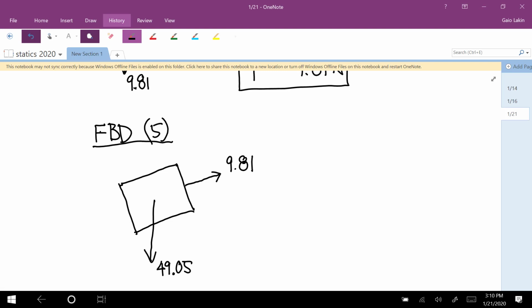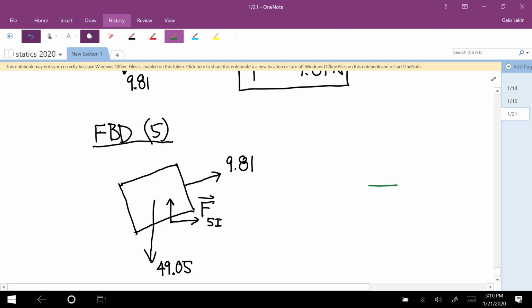And then we have, since this is a friction contact, an unknown force vector. I'll call that force on the 5 by the incline. So these two are easy to represent.